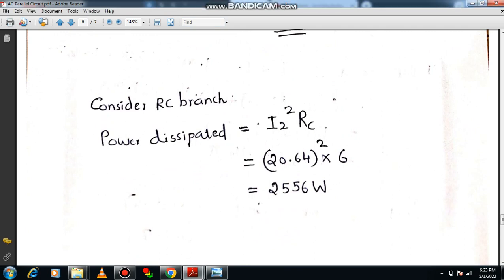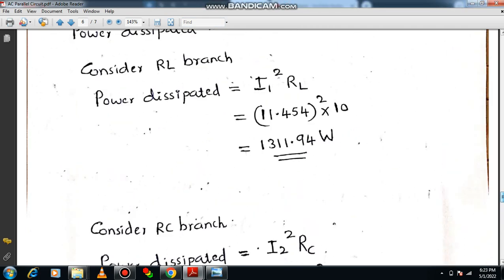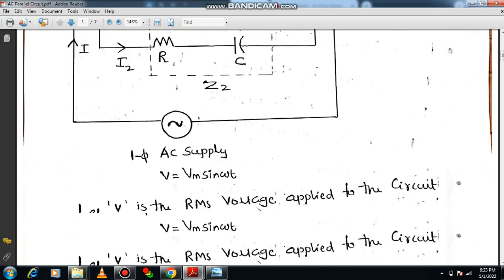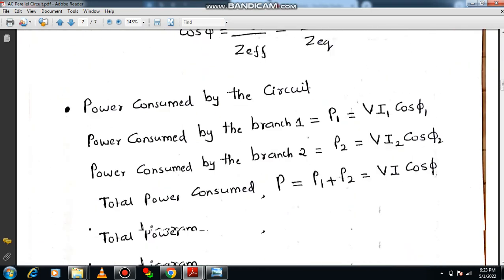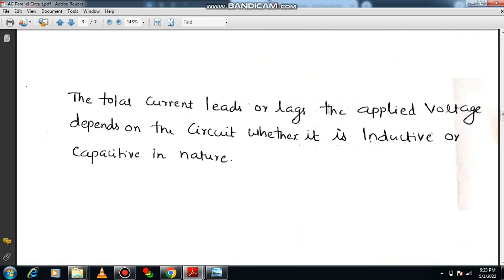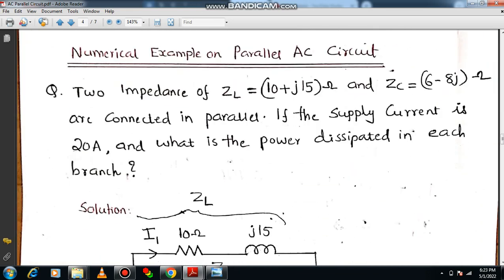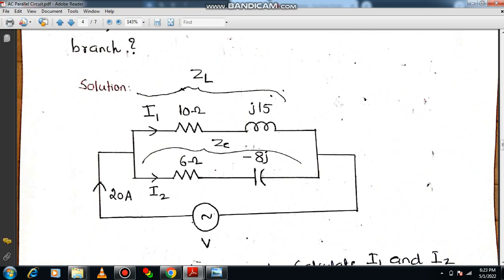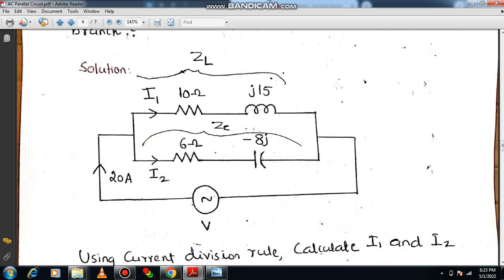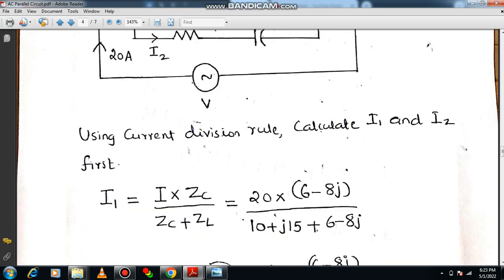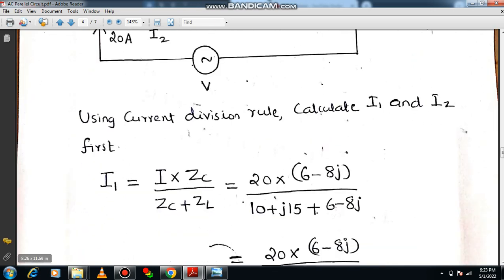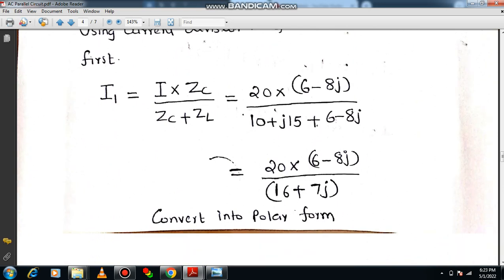So in this session, they have given one numerical example, and we have gone through the problem of the parallel circuit with the help of it. We understood the values of RL and RC and drew the circuit diagram. From this circuit diagram, I applied the current division formula and computed I1.